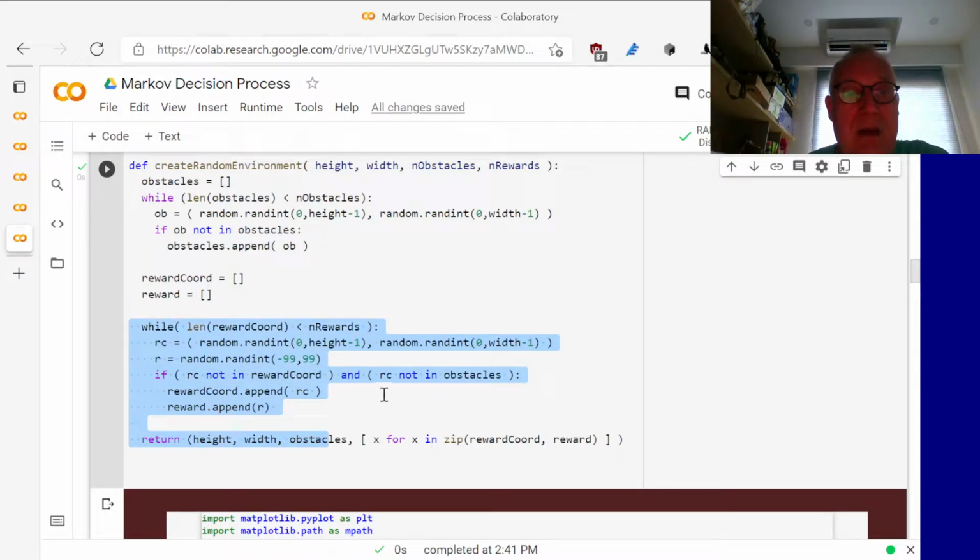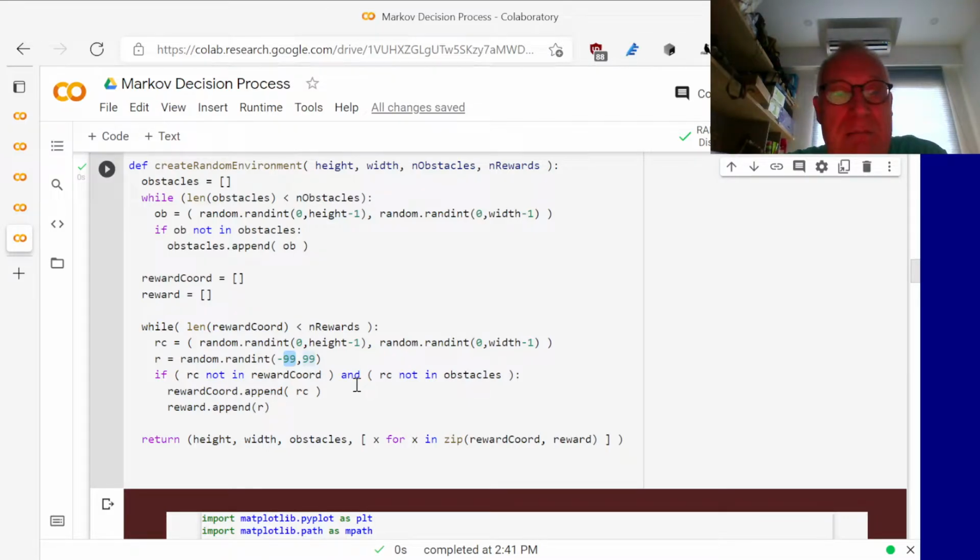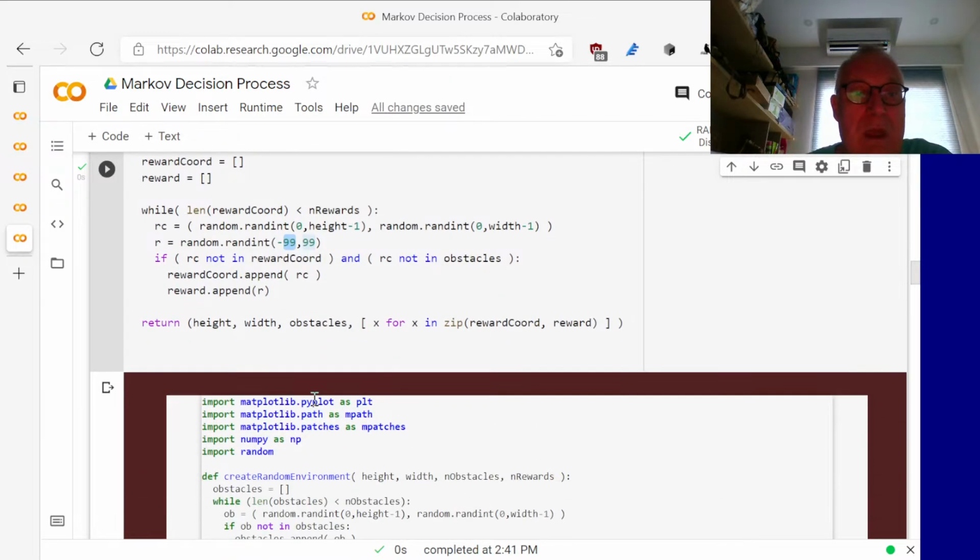And then I also generate a reward signal randomly between -99 and 99. And then I return the height of the environment, the width of the environment, the set of obstacles, and the reward coordinates zipped together with the reward.